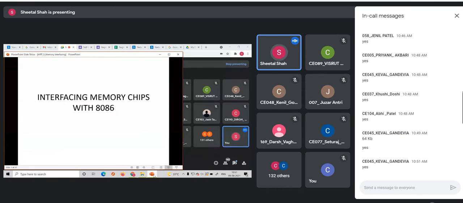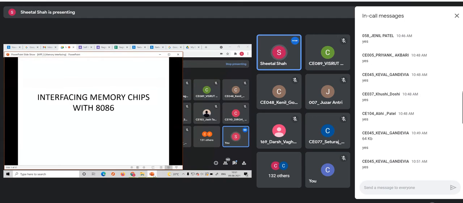As we know, the memory is divided into two banks, that is the even bank as well as the odd bank. So I can connect one IC for the even bank and the other IC for the odd bank, so that I can have a word size of 16 bits, which can be connected to the data bus. Getting all of you? Okay.